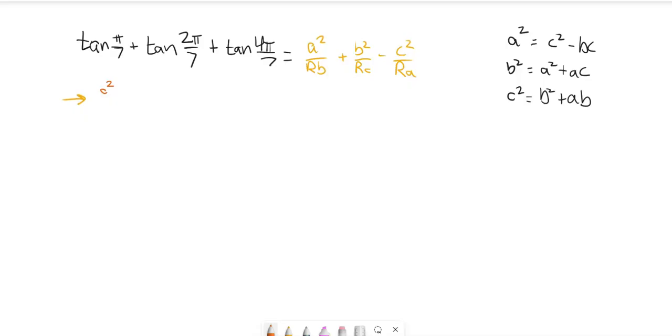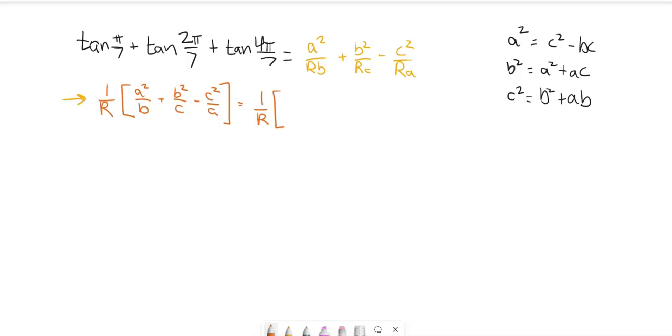So to begin with, let me erase this. I'm going to factor out 1 over R from those three ratios up above, because 1 over R is what they have in common. And we're left on the inside with a squared over b plus b squared over c minus c squared over a. And now I'm going to switch those out with their associated Ptolemaic identity.